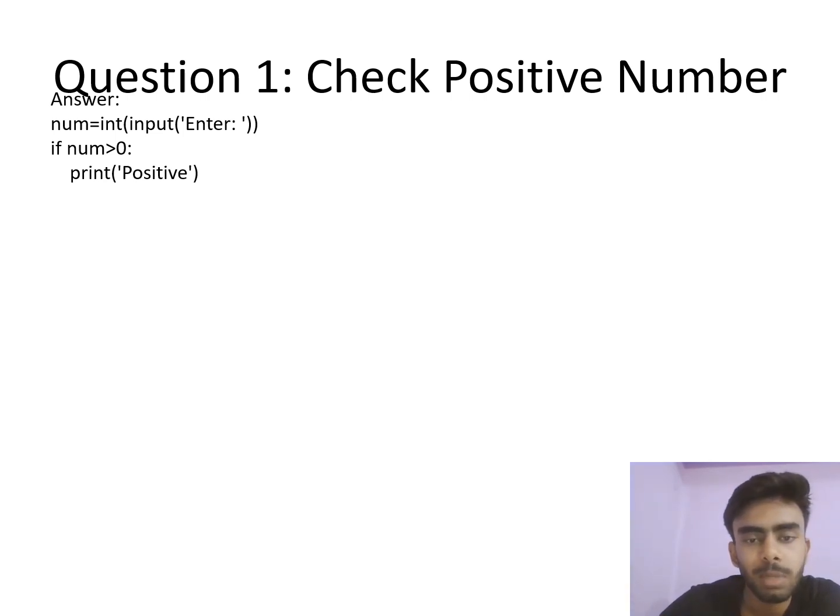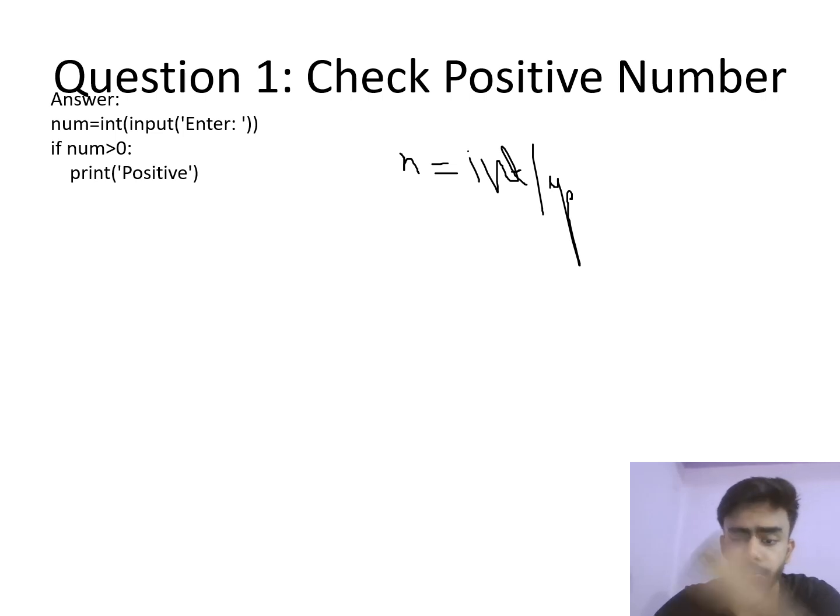First, you have to take one input from the user, and for integer, you have to write int input. Today this one is not working, so I'm explaining with this only.